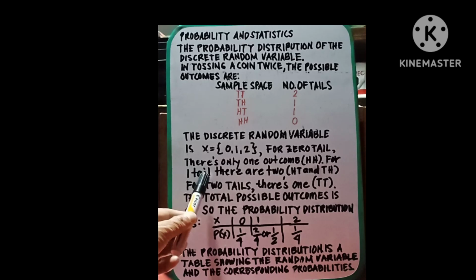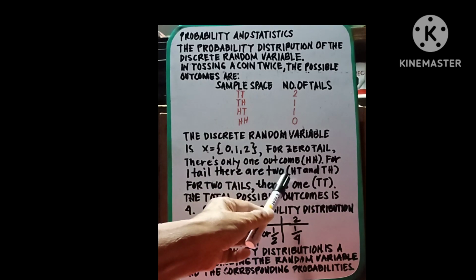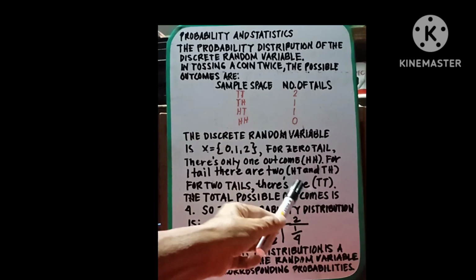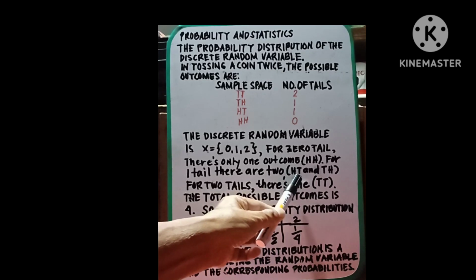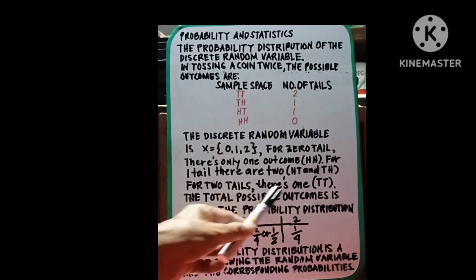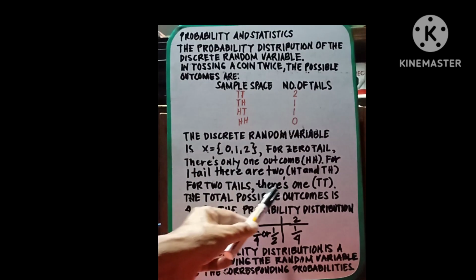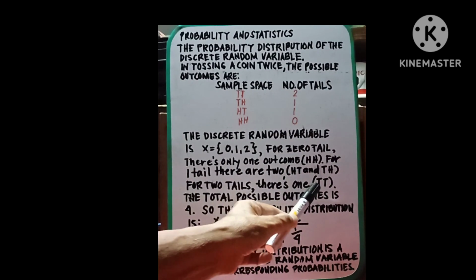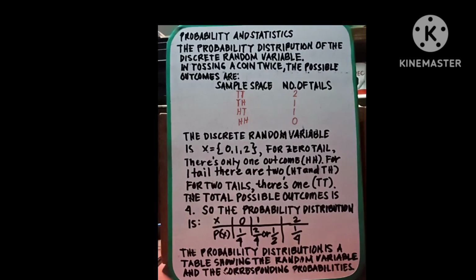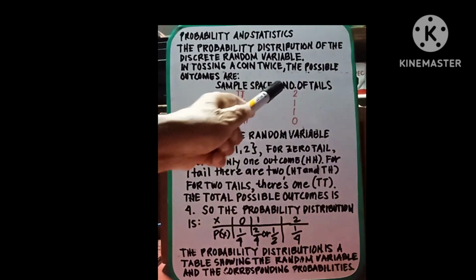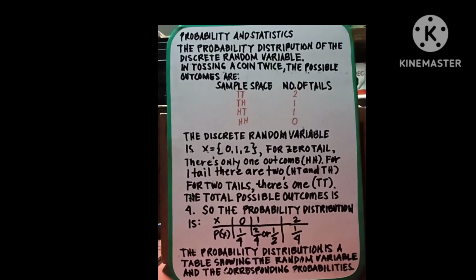For one tail, there are two outcomes, HT and TH. And for two tails, there is one outcome, that is TT. The total possible outcomes is 4.